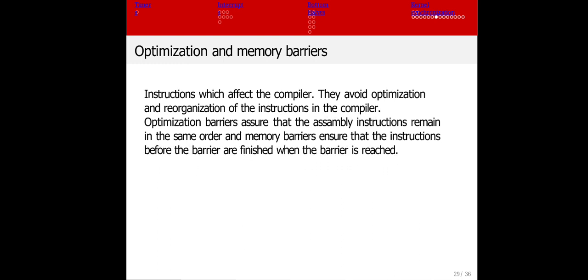Optimization barriers assure that the assembly instructions remain in the same order, and memory barriers ensure that the instructions before the barrier are finished when the barrier is reached.